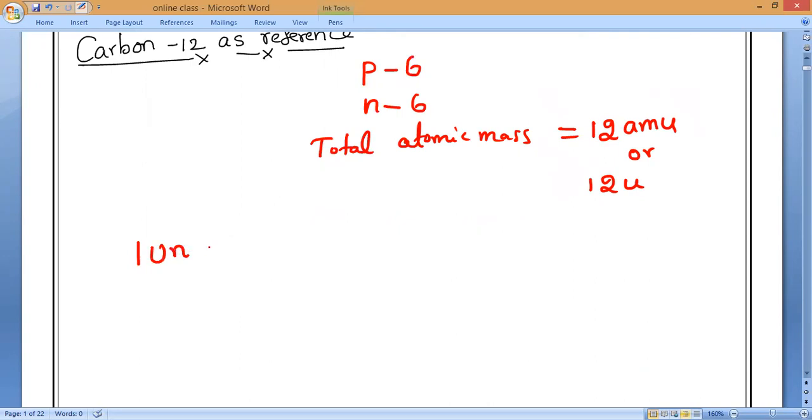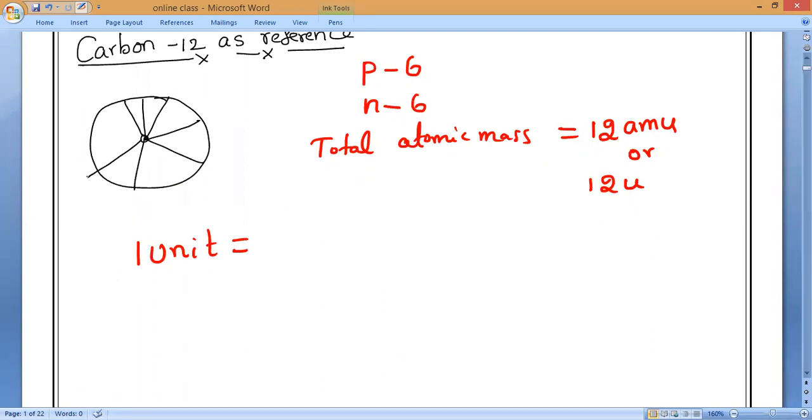Now, as we all know, one unit of mass or one atomic mass unit is considered how much? One carbon atom or 1/12th of the carbon atom? Everyone? 1/12th of the carbon atom means if I take the carbon atom and cut it into 12 parts, understanding? So, 1, 2, 3, 4, 5, 6, 7, 8, 9, 10, 11 and 12.